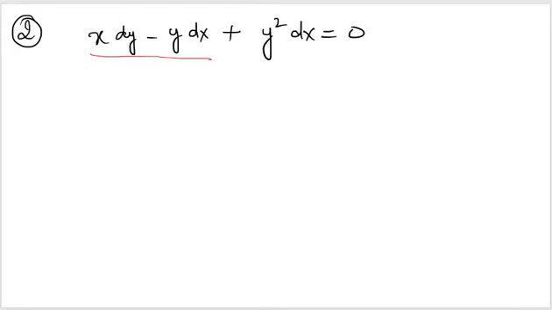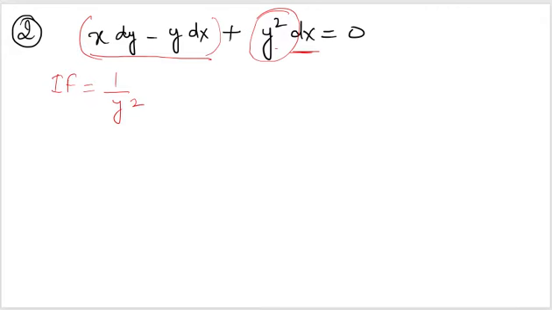So here we can see dx is there. So 1 upon y square can be the integrating factor, because y square is not needed. I need to divide this by y square, and when I divide, these two terms can be written in d form. So I spot my integrating factor as 1 by y square.